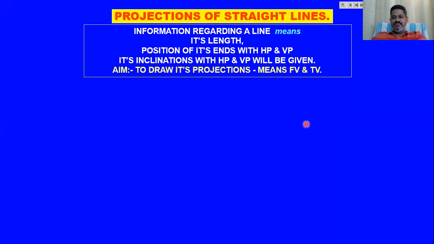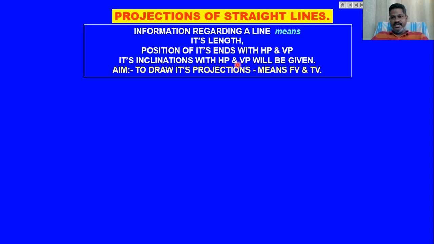But here, the information required to project the lines on the planes is the length and its position. Position means up to what distance the end points of the line are located with respect to HP and VP. That information we require. We also require the inclination of the line with respect to HP and VP.